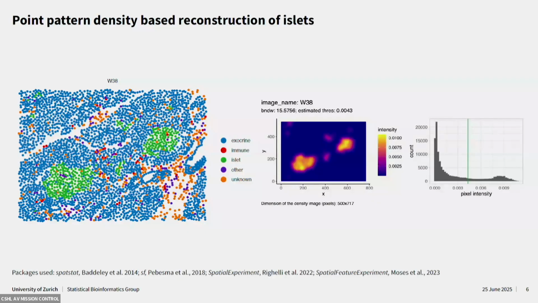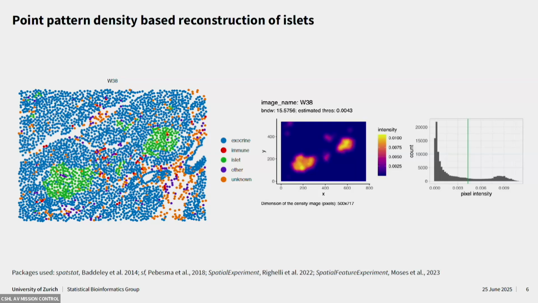Here you can see one field of view, and we have the annotations by the authors. You see these islets form very nice and regular structures, so it's nice for us to profile them. We use a segmentation or reconstruction method that works based on point pattern density.